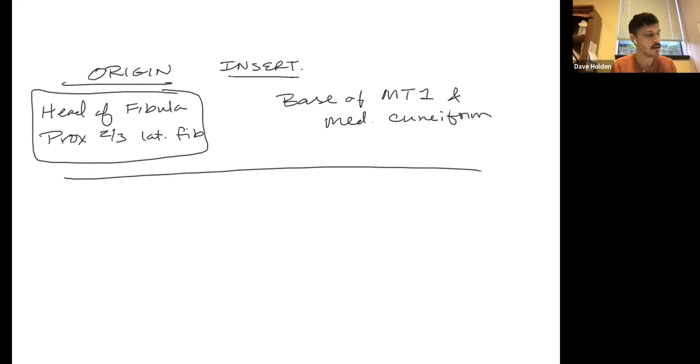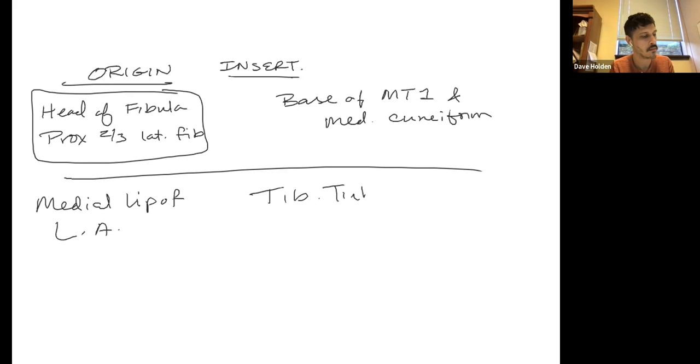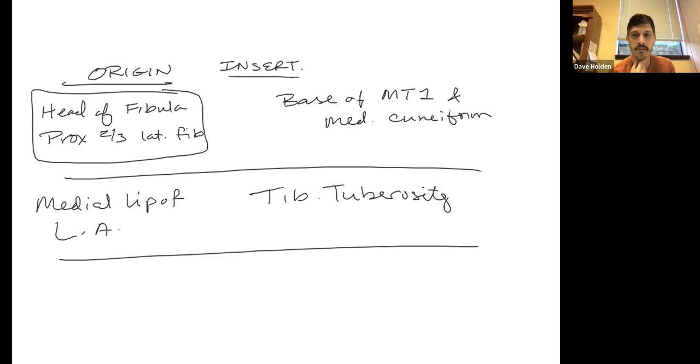I'm thinking of a muscle that originates medial lip of the linea aspera, insertion tibial tuberosity. So I have some clues here.